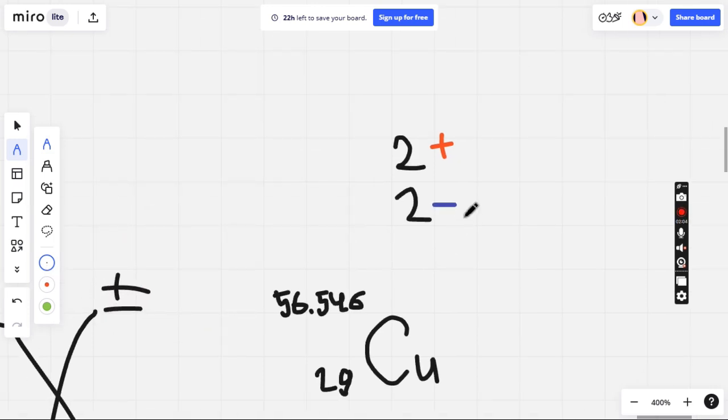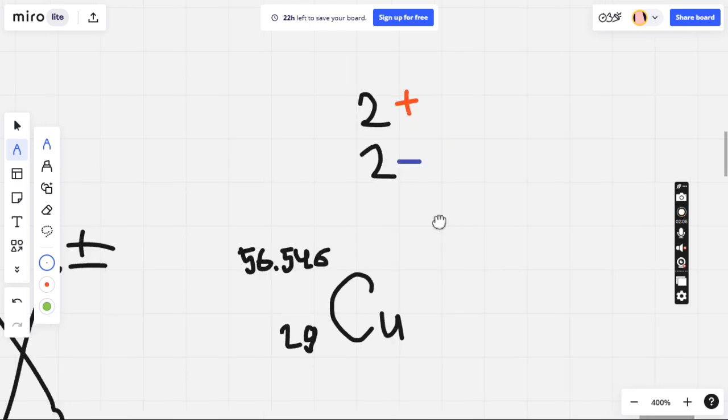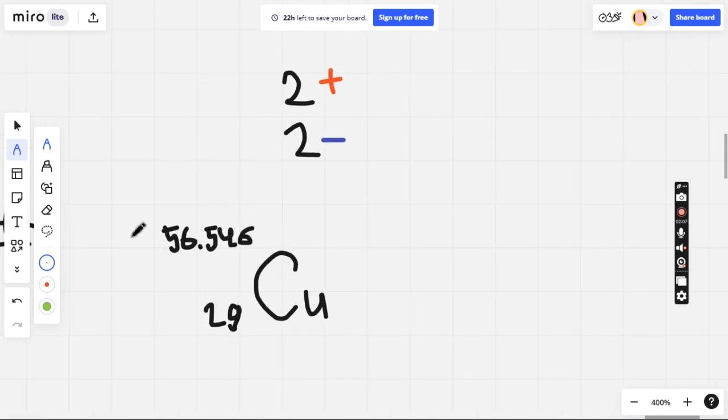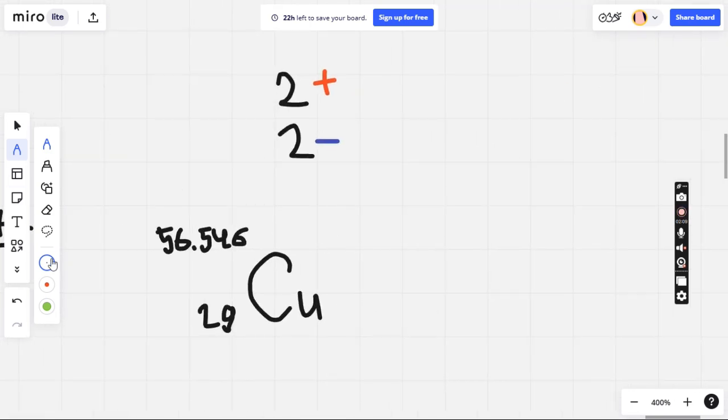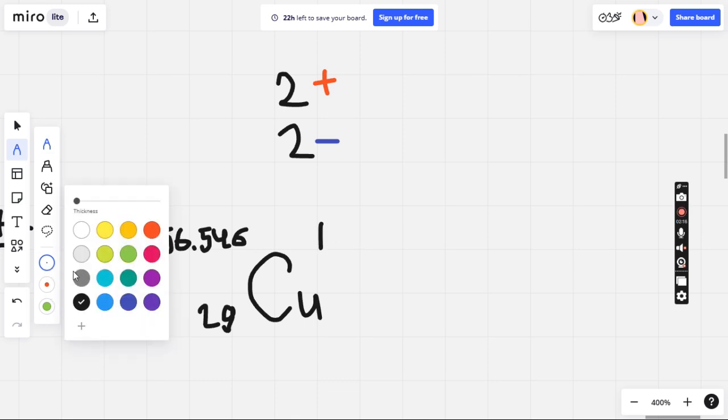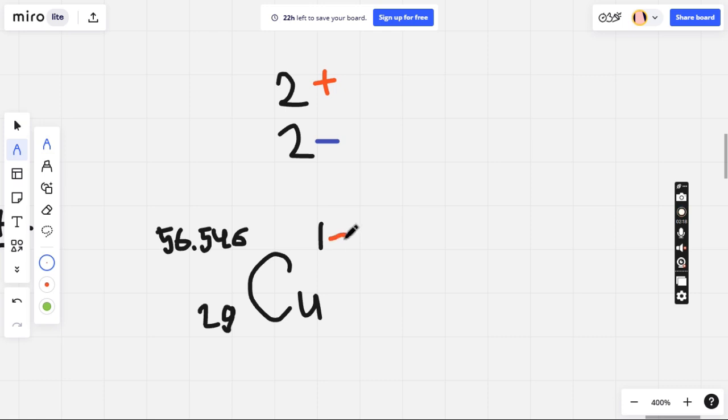So that's the notation for ions. Here in the corner, let's say this is just a 1 plus, a positive copper ion, which this one shouldn't really be here. You can just put a plus or minus if it's a 1, which is a bad on my part.